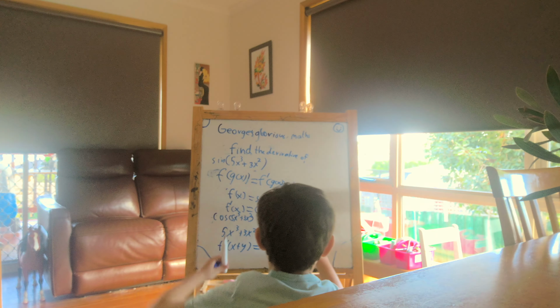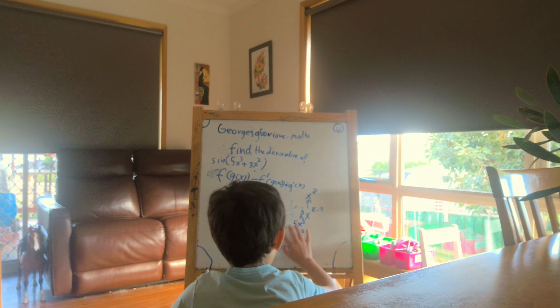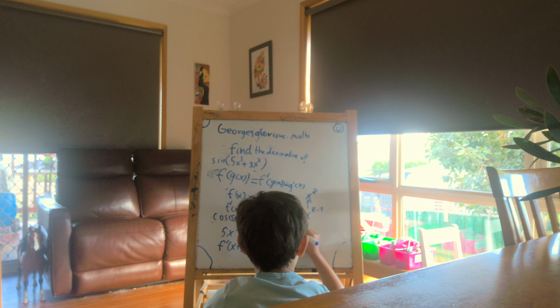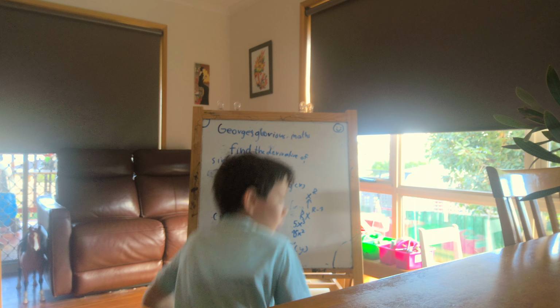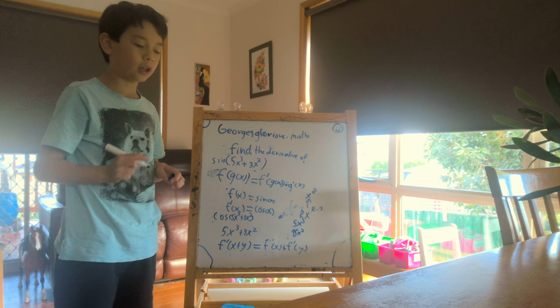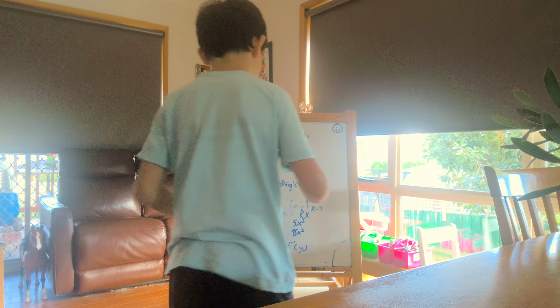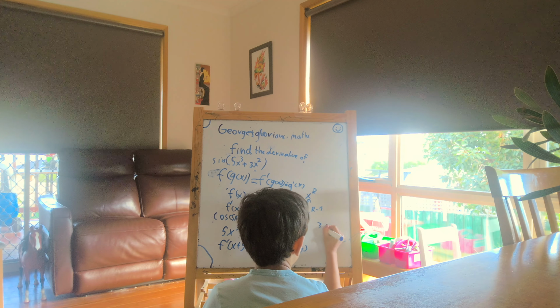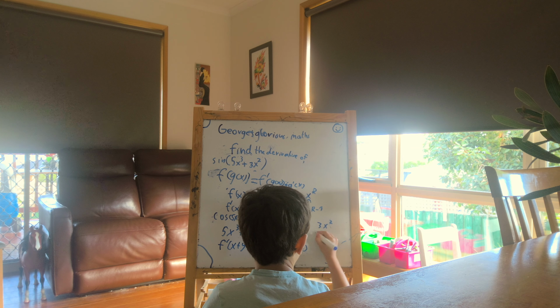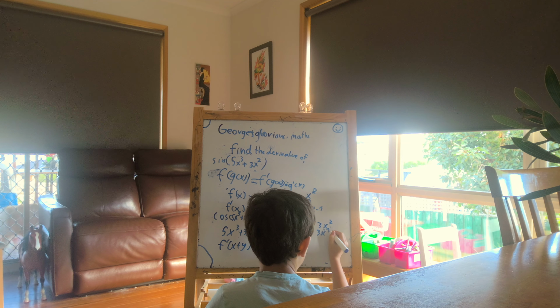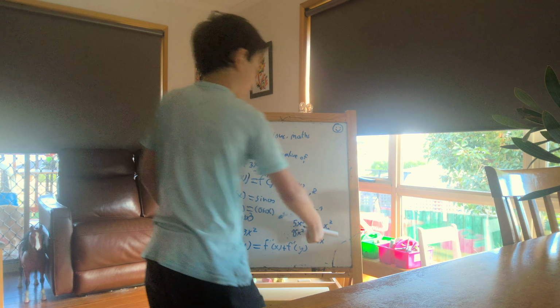So we got 3 times 5x squared, or 15x squared. We can do the same process with the other one, which is 3x squared.